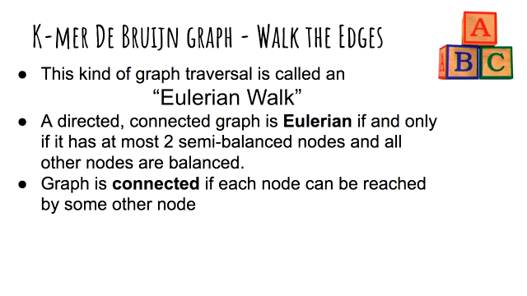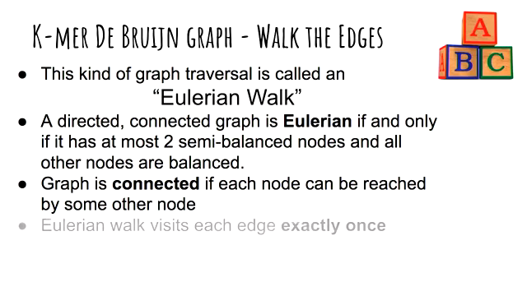So sometimes we build graphs and there's completely separate parts. Remember when we first started building this graph, we had that little 3-node bit and then we added another 2-node bit, but there was no connection between them. And so they're connected only if they can reach everything. And an Eulerian walk visits each edge exactly once, and it's much easier to find this computationally than a Hamiltonian path.